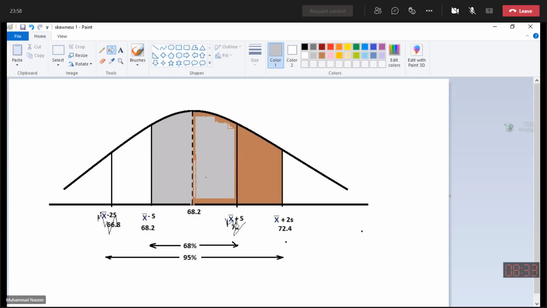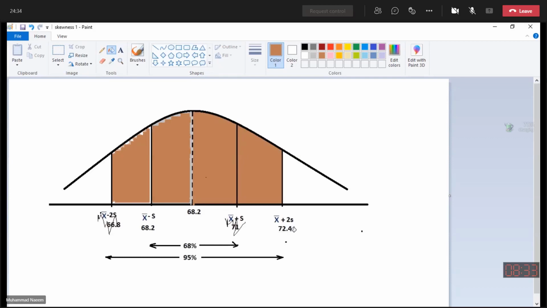The values of x bar minus s and x bar plus s are 68.2 and 71. For k equal to 2, we have this interval from x bar minus 2s to x bar plus 2s. The values of x bar minus 2s and x bar plus 2s are 66.8 and 72.4.